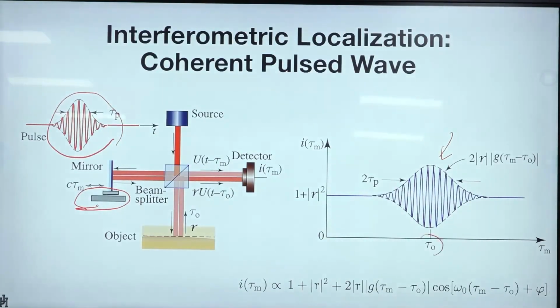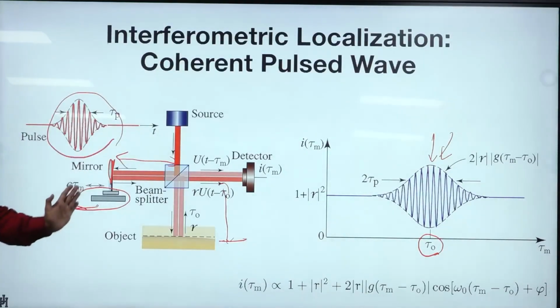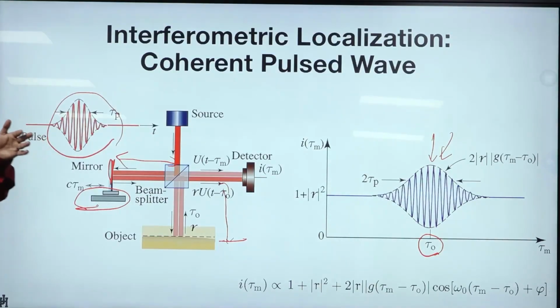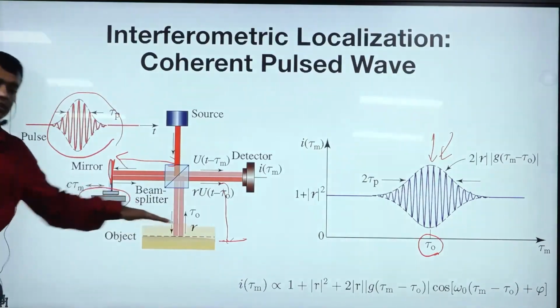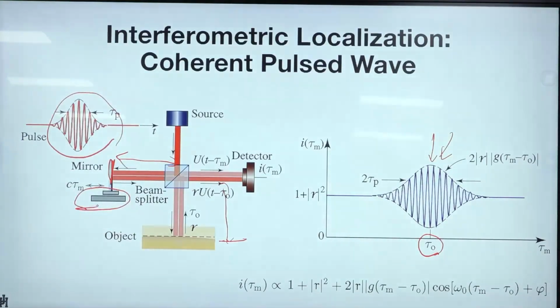Basically you will have a maximum when the distance between the beam splitter and the object, where the reflection or scattering happens, exactly matches the distance between the beam splitter and the mirror. If they become equal, that is when you have a maximum.